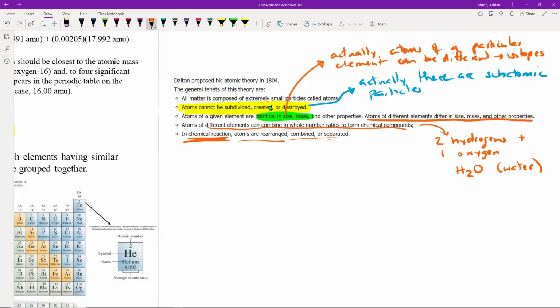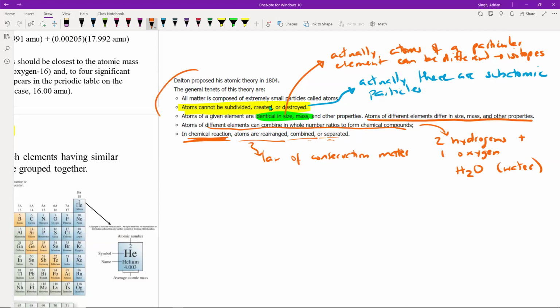So we make new things, in other words, in a chemical reaction. But the atoms are neither created nor destroyed. And that's part of a very important law in chemistry called the law of conservation of matter, right? So matter can neither be created nor destroyed, is how we would state that. But it can be converted from one form to another.